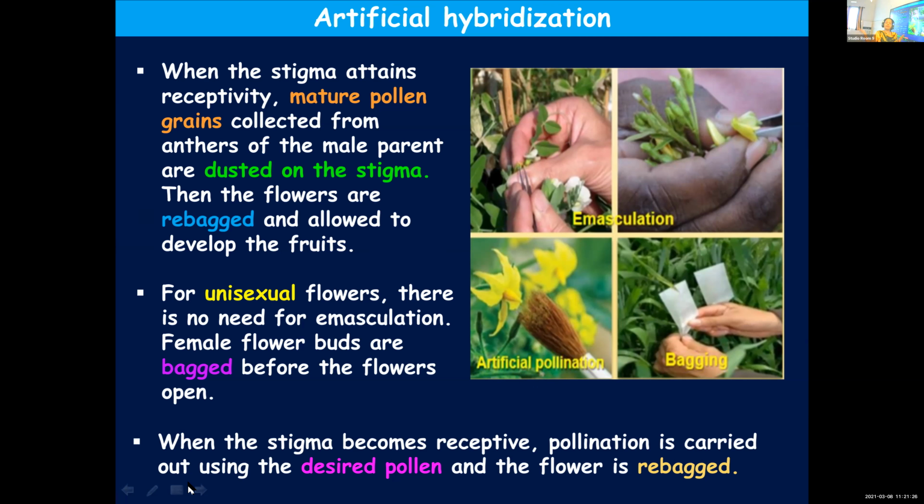So by the time, if unwanted pollen grains from some other flower fall on that, there are chances that in that competition, the other pollen might win and it will germinate and a pollen tube will be formed and its male gametes can fuse with the egg cell. So in order to avoid risk, they don't want to take any chances, so it will be rebagged again so that there is no chance of other pollen landing on the stigma. Okay, Nandana? Okay, ma'am. Yes? Yes, ma'am.